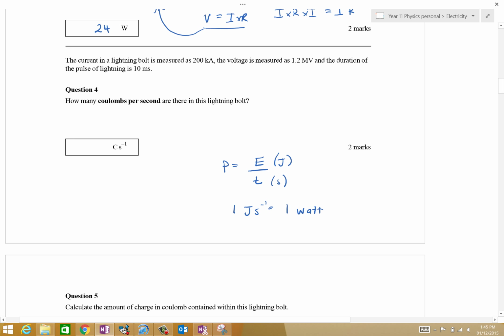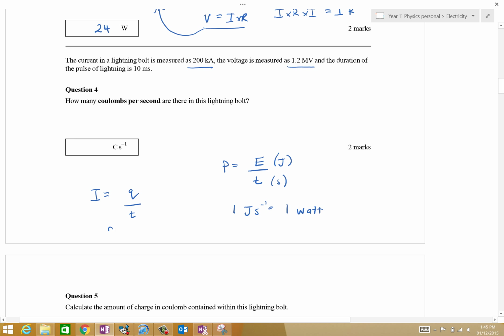Okay, now it says here that first of all I've been given a current and a voltage. Now it says how many coulombs per second are there in this lightning bolt? Well, can't I say I equals Q on T?